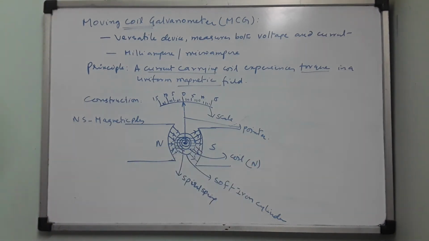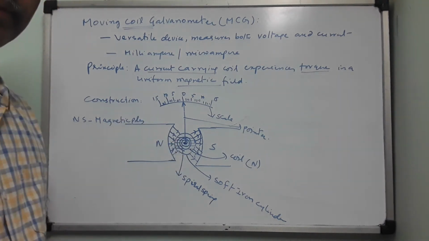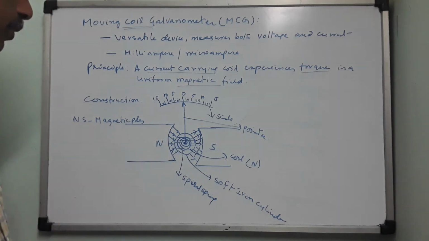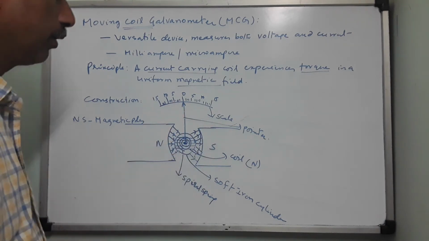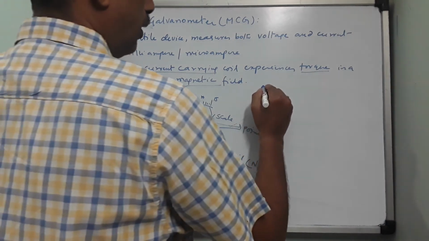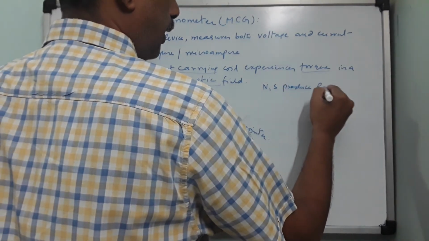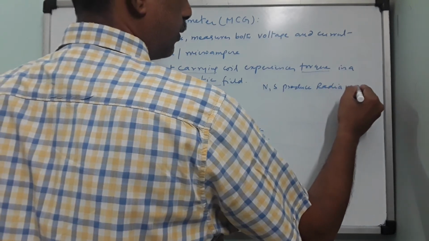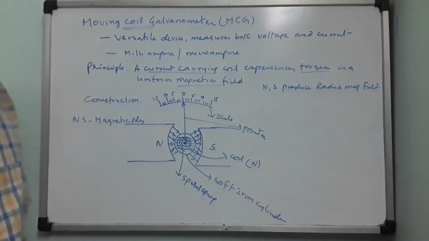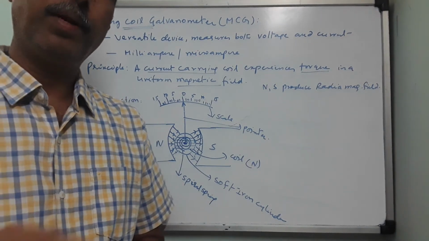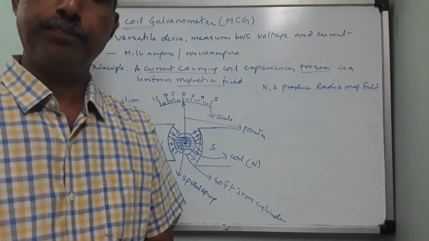Fine, right. Now we will have some arrangement to pass current into the coil. Now this becomes a current carrying coil, which is placed in a radial magnetic field. So this north and south produce a radial magnetic field. The purpose of the radial magnetic field is to see that the plane of the coil is always parallel to the magnetic field lines, whatever be the orientation.